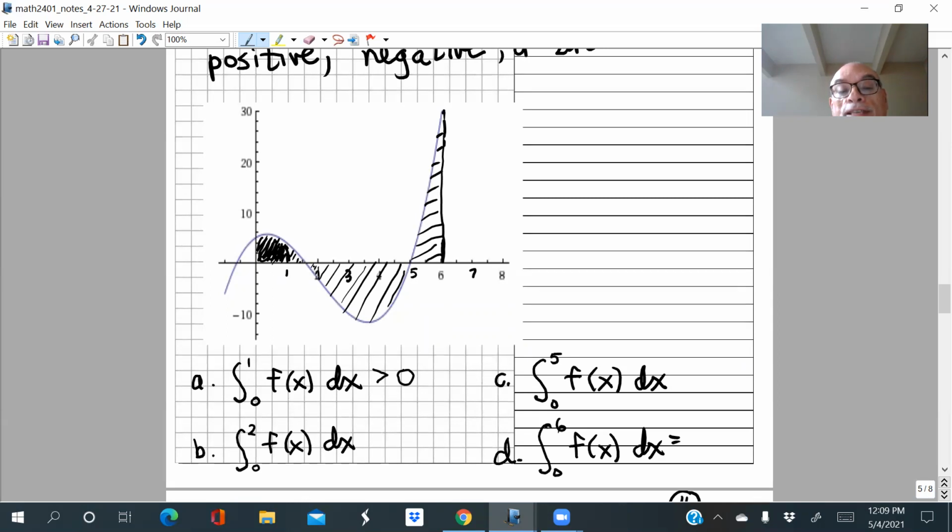But it also includes this little piece right there because this curve dips just a little bit below the x-axis by the time you get to 2, Van. So notice you have a positive part to this area and a negative part. Altogether though, what will this definite integral, what will this area turn out to be? Will it be positive or will it be negative?